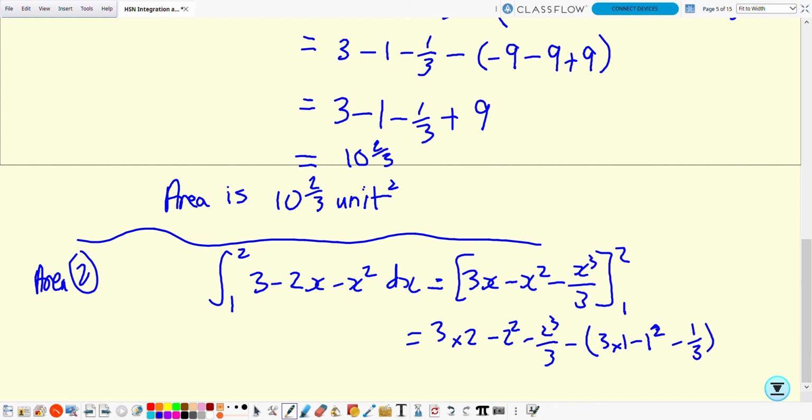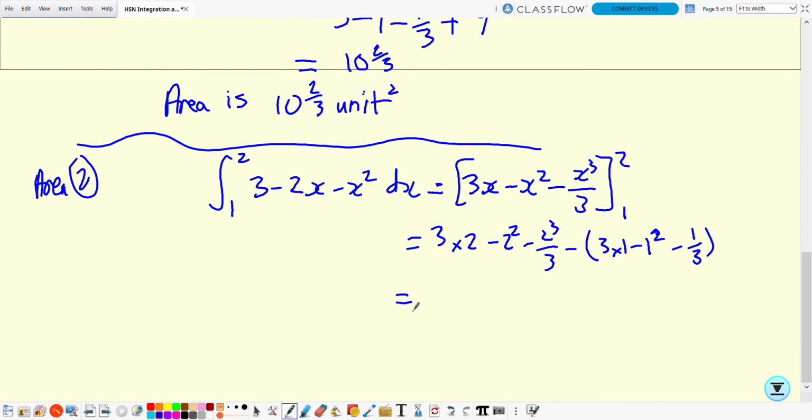You can work your way through all of that. You're going to have 6 minus 4 minus 8/3. Then within the bracket you'll have 3 minus 1 minus a third.